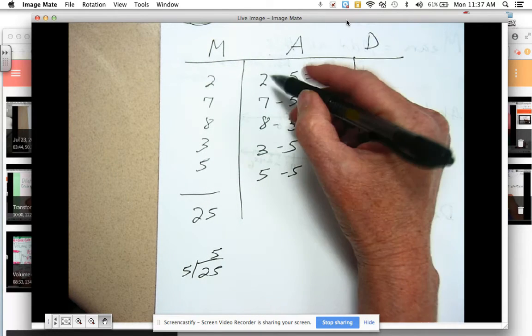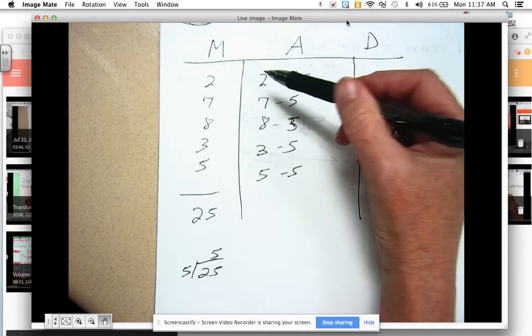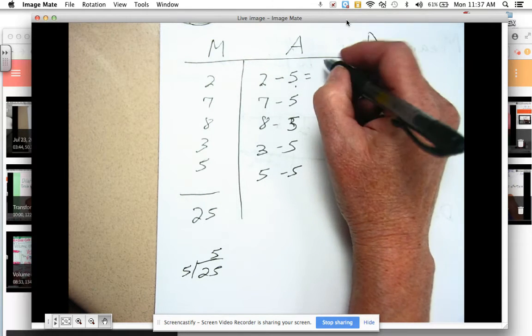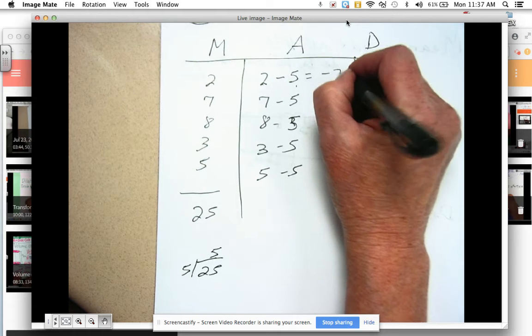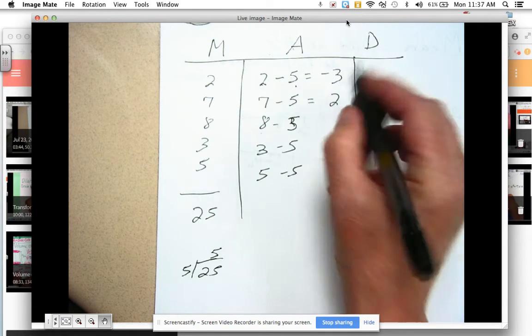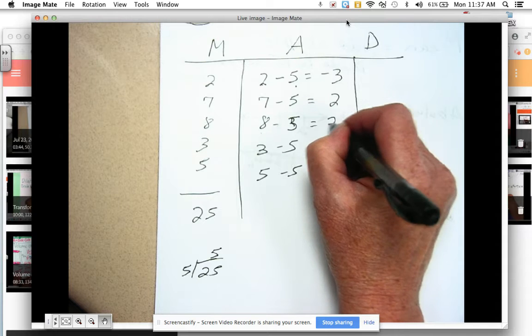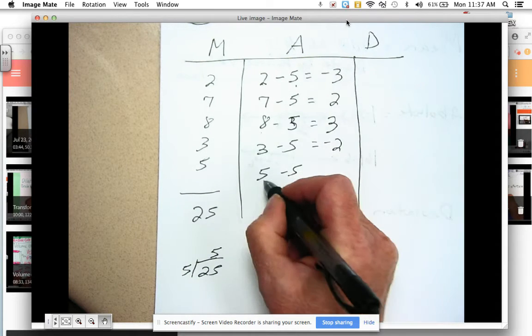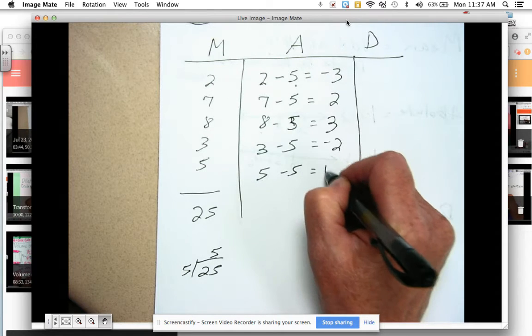If you remember how you do your integers, 2 minus 5 is the same thing as 2 plus -5, so that's -3. 7 minus 5 gives you 2. 8 minus 5 gives you 3. 3 minus 5 gives you -2. 5 minus 5 gives you 0.